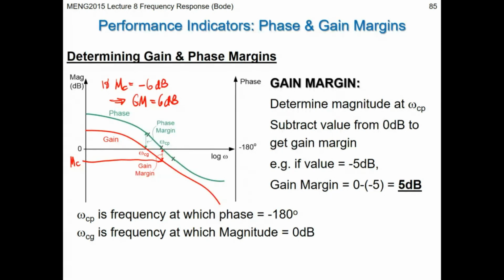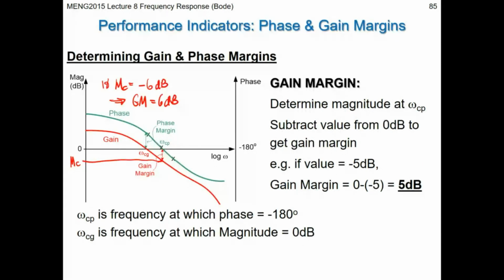So if you can move your gain line up on the Bode plot before the system becomes marginally stable, and you get those two crossover points at the same frequency, then you've got a positive gain margin.